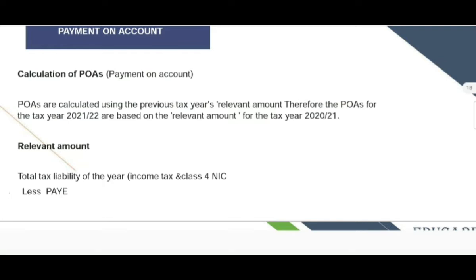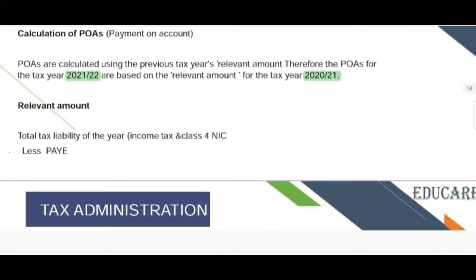How to calculate the payments on account? These are calculated using the previous year's relevant amount. Therefore, the payments on account for the tax year 21-22 are based on the relevant amount of tax year 2021. And how to calculate the relevant amount?